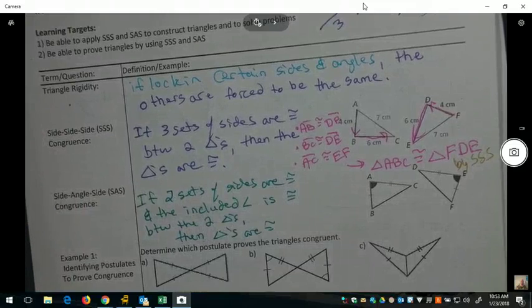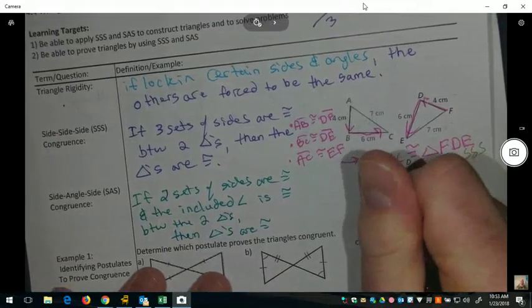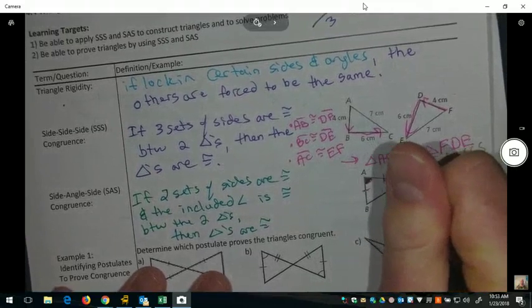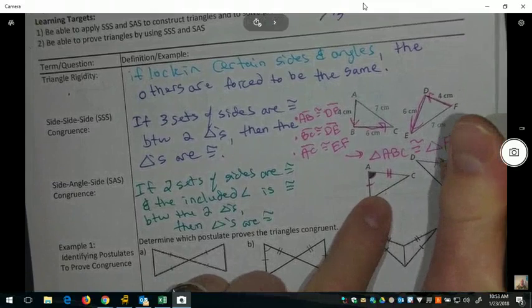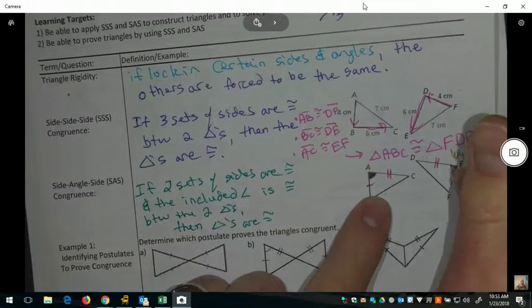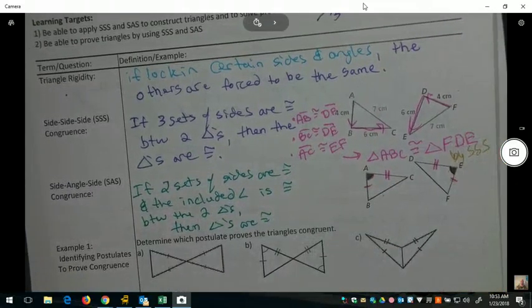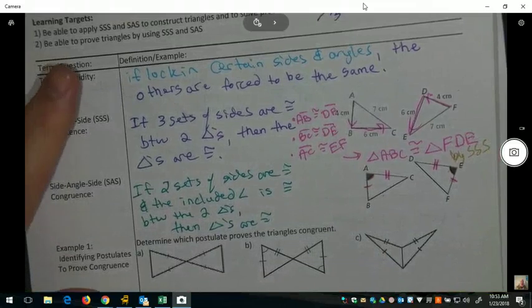We've seen side angle side before for similarity. It has to be that this angle touches both of the congruent sides, not only in this triangle, but also in the other triangle. If it doesn't do that, then it's not congruent by side angle side.